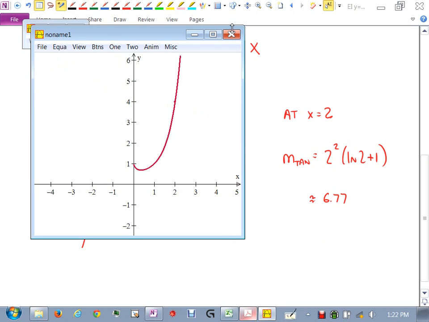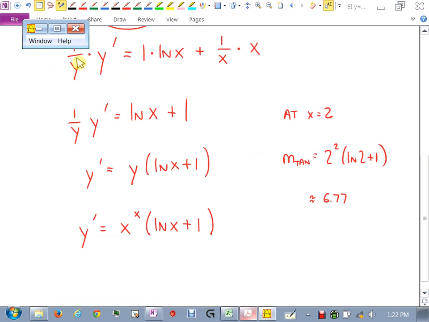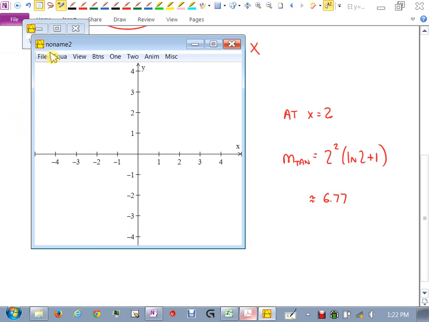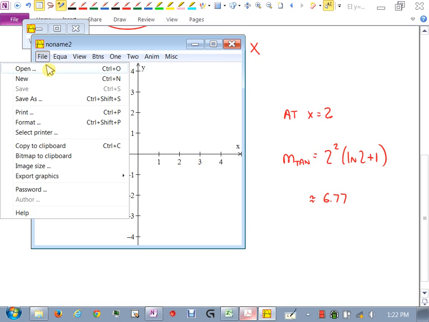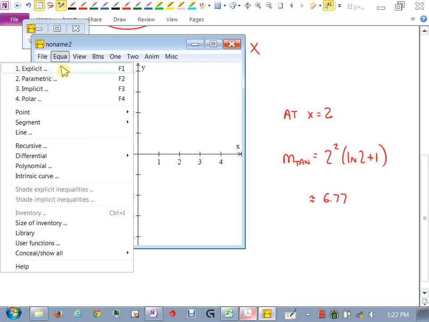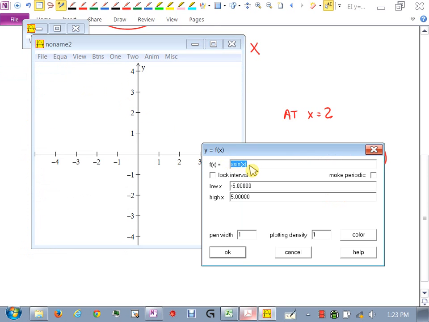Let me try a different one. How about tangent x raised to the 1 over x?